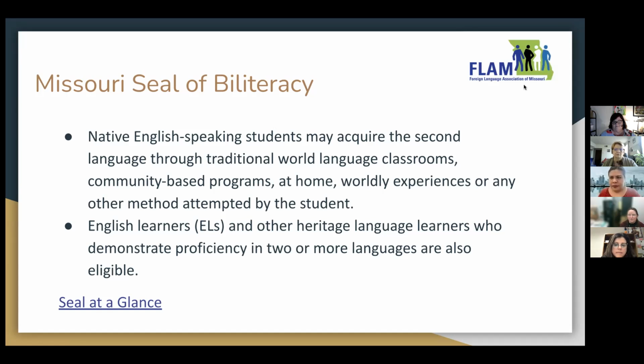So if a student were to achieve a distinguished seal, so advanced on every single part of the assessment, they could at Missouri State earn up to 18 credit hours of college credit, and they don't have to take a class to actually have that credit applied to their transcript. They do have to come in to the admissions office with the score.